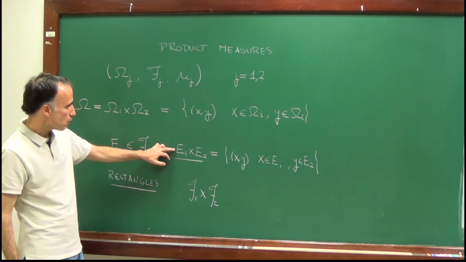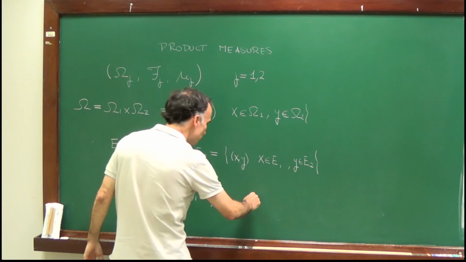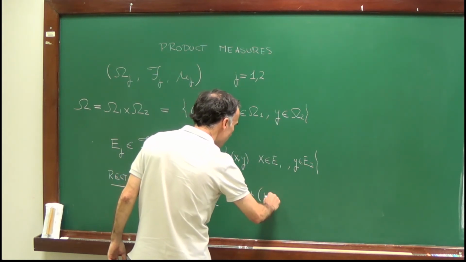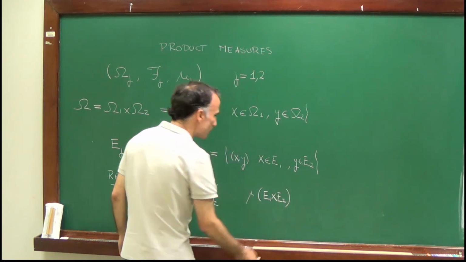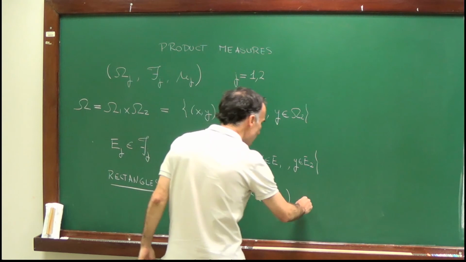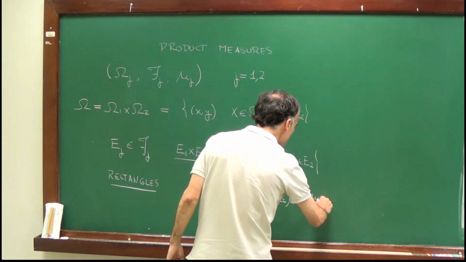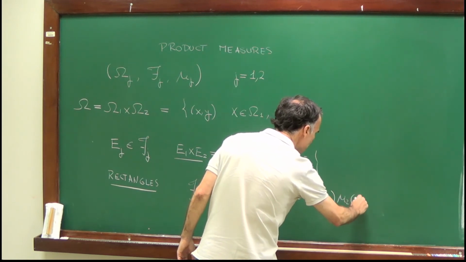And if I consider one rectangle of this type, E1 times E2, I would like to define the measure of E1 times E2. So what is the natural definition for the measure of E1 times E2? I think you will agree that this is mu1 of E1 times mu2 of E2.